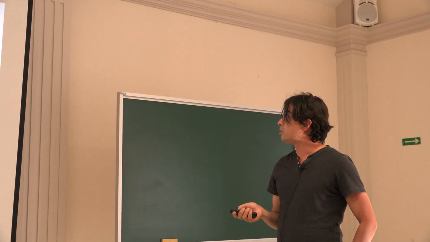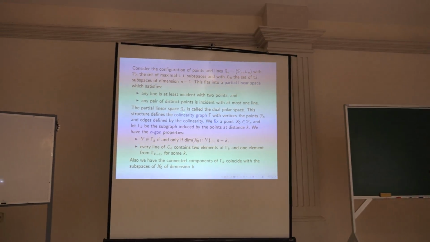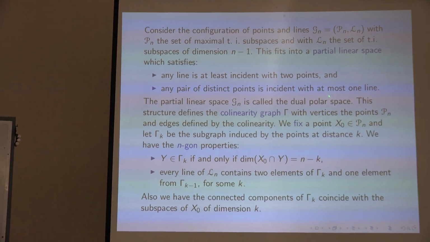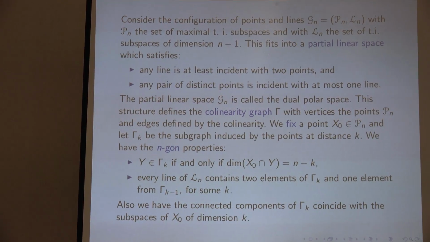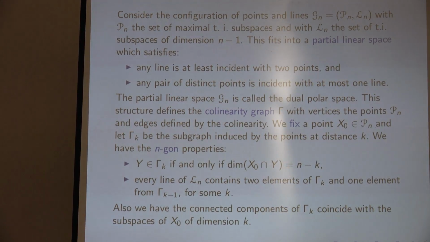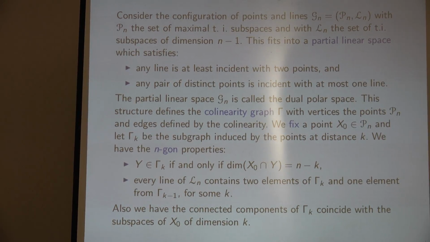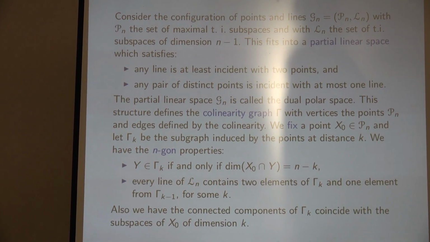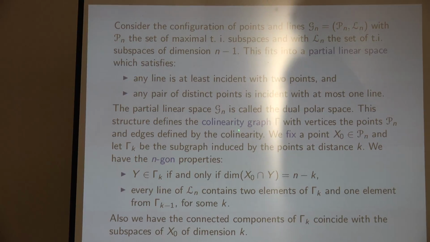And so this structure, called the dual polar space, consists of the maximal totally isotropic spaces as points and the lines as the totally isotropic subspaces of dimension n-1. So we have a configuration of points and lines where every line has 3 points. And also another concept is the collinearity graph.